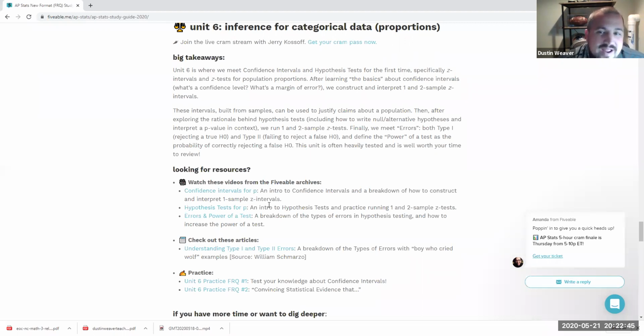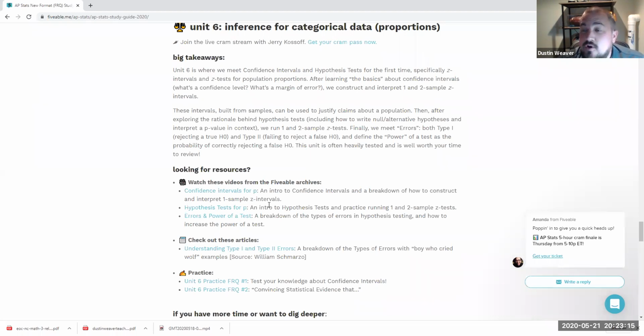Finally, we start talking about errors. Remember, a type 1 error is when you reject the null hypothesis when it's really true, and a type 2 error is when you fail to reject the null hypothesis when it's really false and the alternate is true. And we define the power of a test. So the power of a test is the probability of correctly rejecting a false null hypothesis.